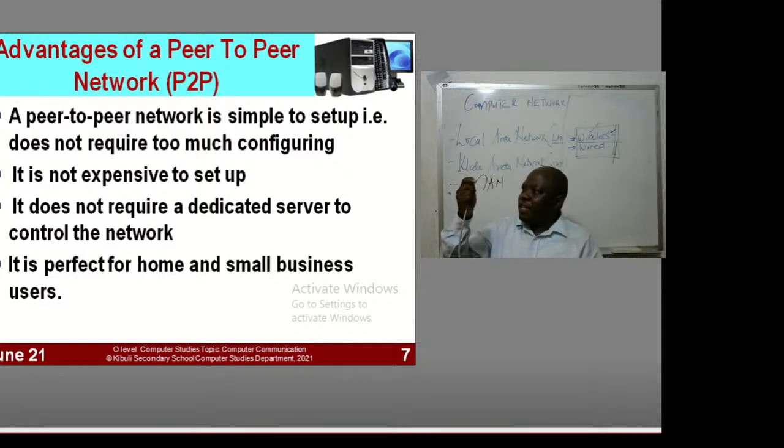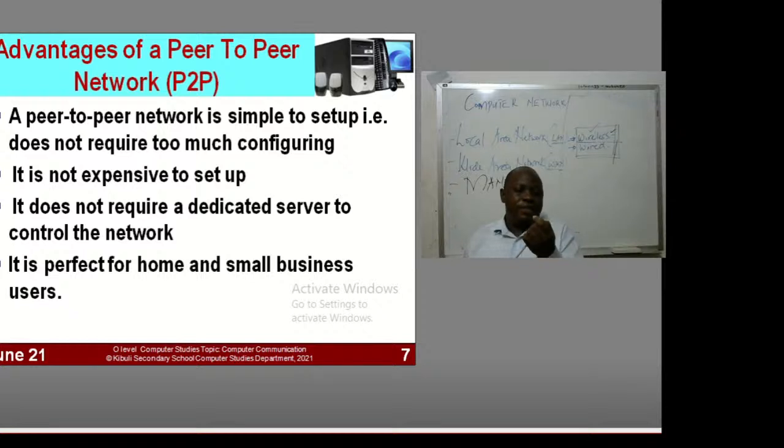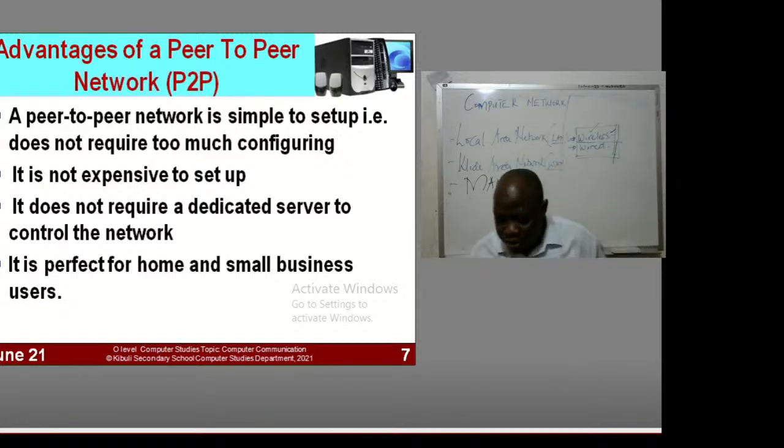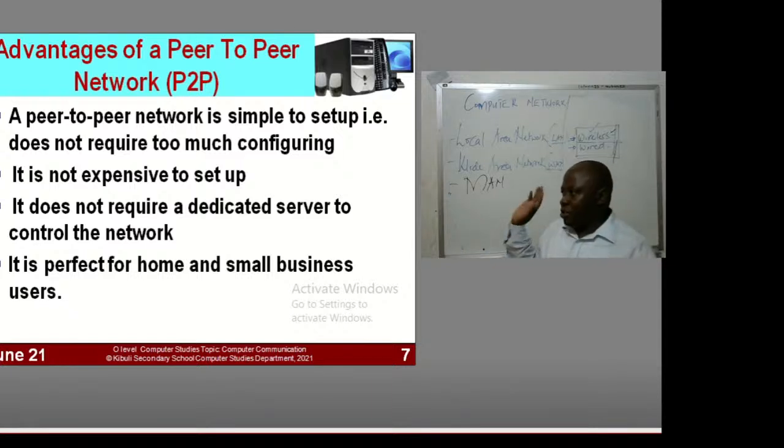You buy this RJ45 and then you buy another RJ45 at the other end, such that you connect the two computers together. This enters the port which we call the network port, and then the other end enters the other port. So these are cheaper cables. Again, when we are looking at that, it's not expensive.